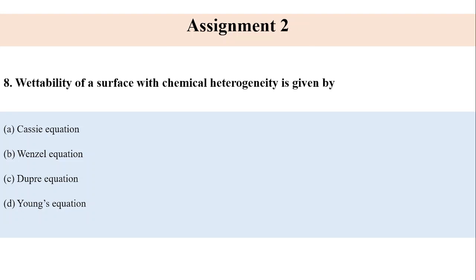Okay. So the last theoretical question is: wettability of a surface with chemical heterogeneity is given by option A, Cassie equation, option B, Wenzel equation, option C, Dupré equation, and option D, Young's equation.